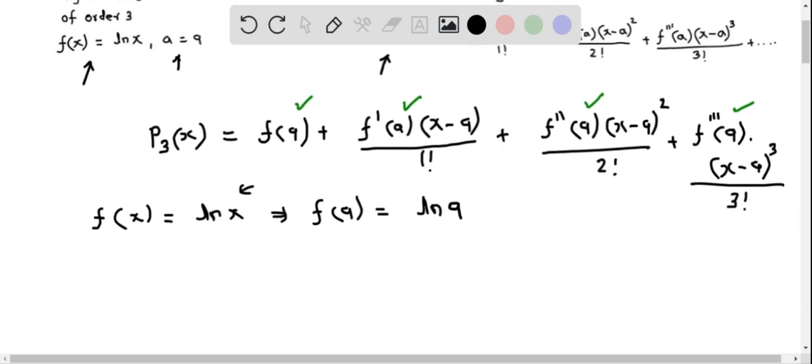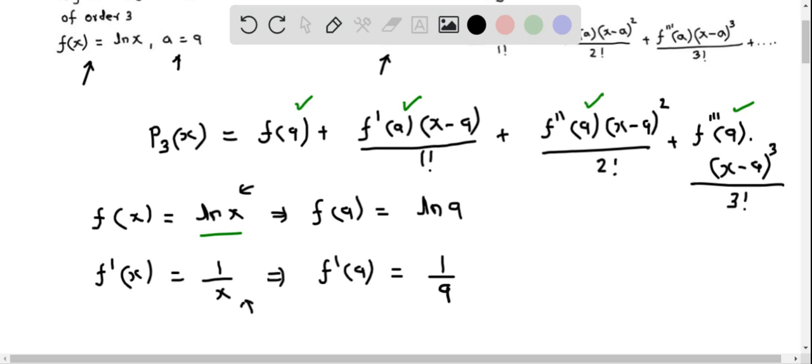We then find the derivative of this function, f prime of x, which is the derivative of natural logarithm of x, which equals 1 over x. So f prime of 9 equals 1 over 9.